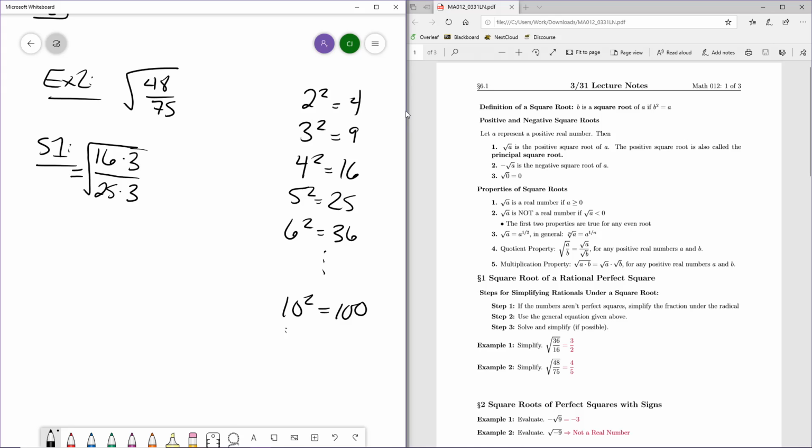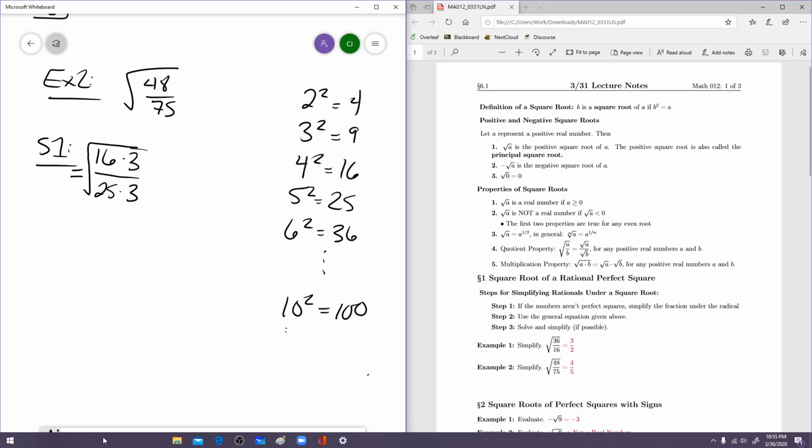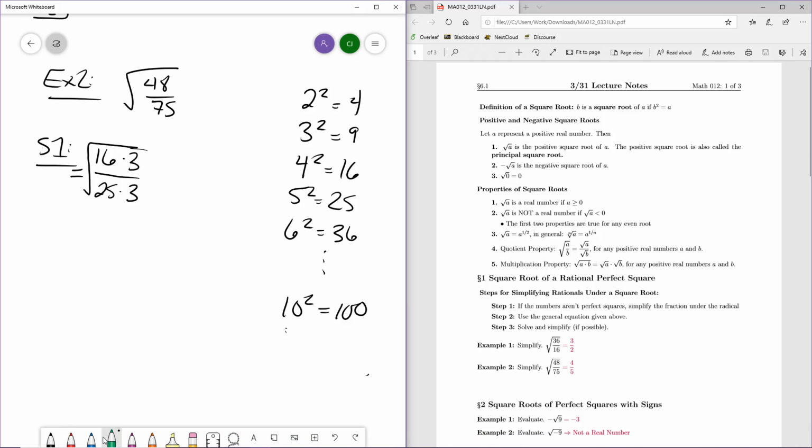As we can see, in the numerator and the denominator, we both have a 3. What does that mean? I can take these 3's and they reduce to 1. Since they're reduced to 1, this becomes 16 over 25. Now 16 is a perfect square, 25 is a perfect square. So what can I do now? I'm going to go to step 2 and use the quotient property.